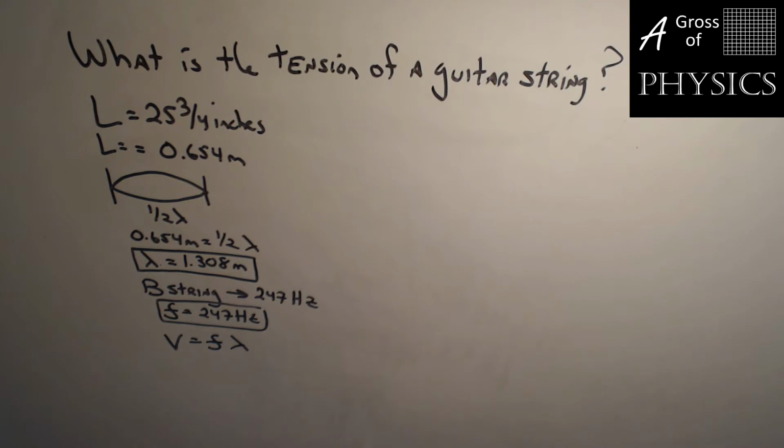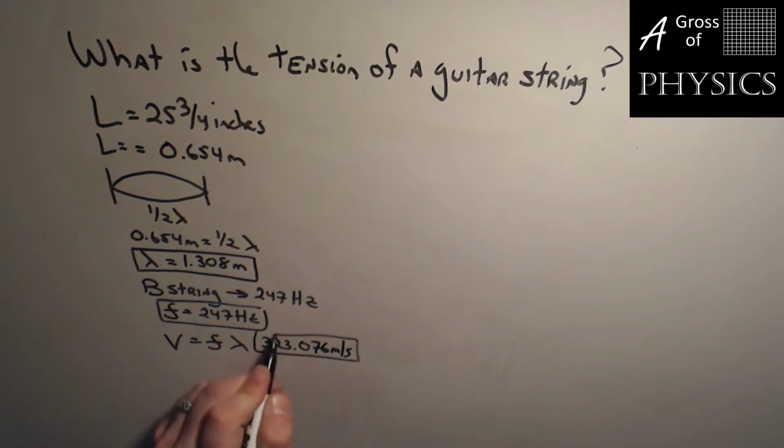Using the calculator again, 1.308 times 247, I get 323.076 meters per second. Okay, that's my speed.